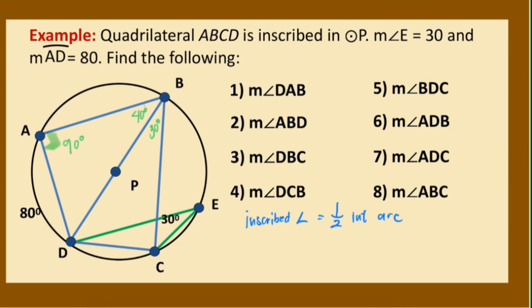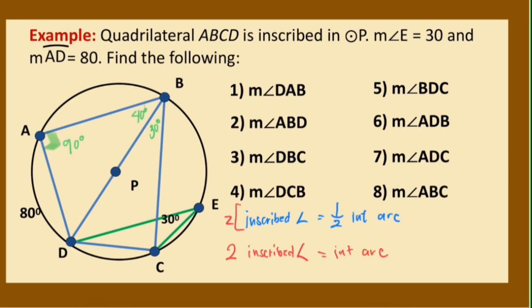If an inscribed angle is equal to one half its intercepted arc, if you multiply both sides by 2, this means that twice the measure of the inscribed angle is equal to what? One half times 2 is going to be equal to 1. It's going to be equal to the intercepted arc.